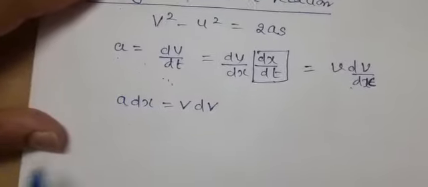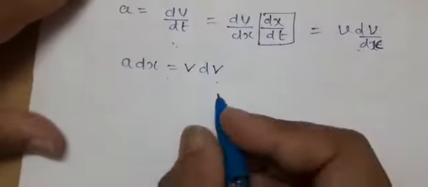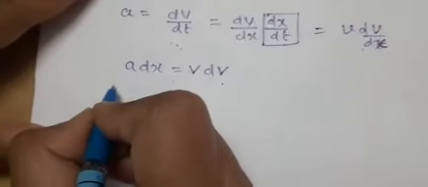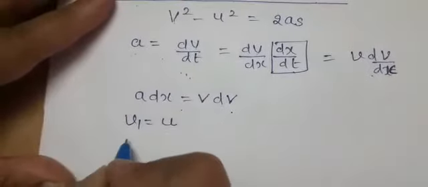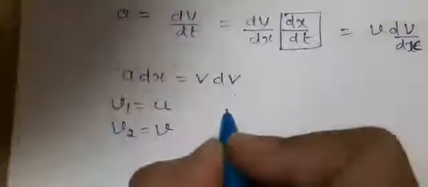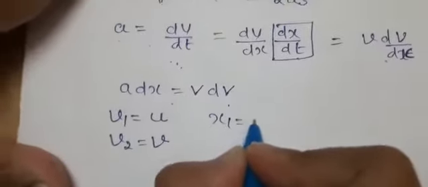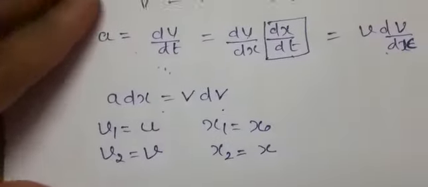Now again, when we have to integrate to get the required result, what do we have to take initially? Limits. So what will be the limits? Let the initial velocity be u and the final velocity be v, and the initial position be x naught and the corresponding final position be x.